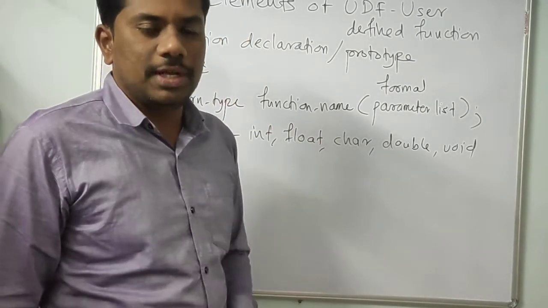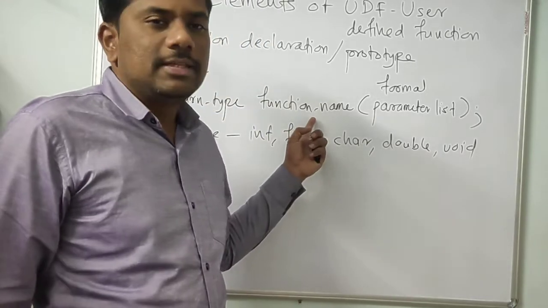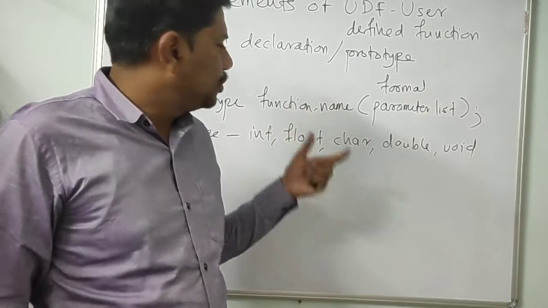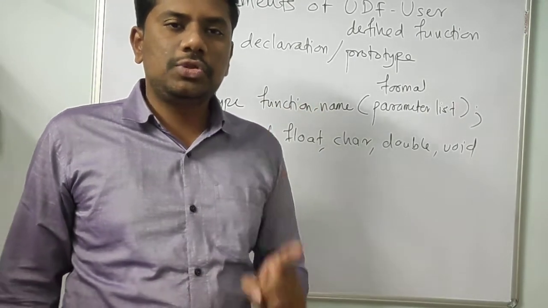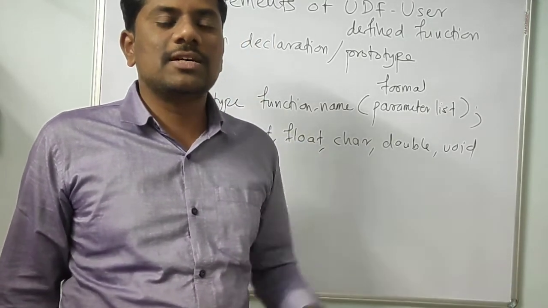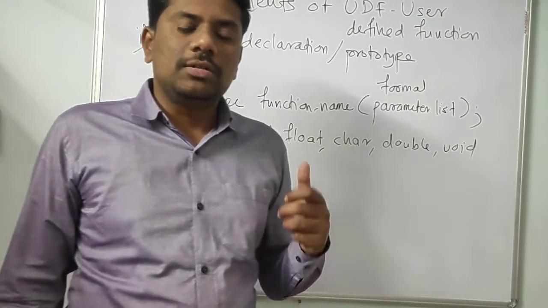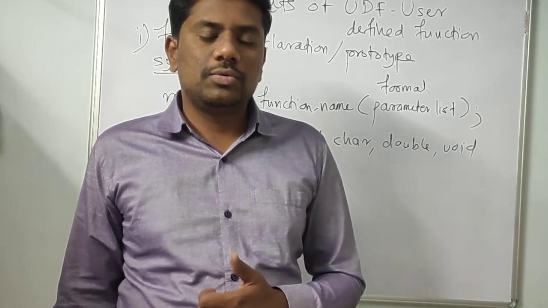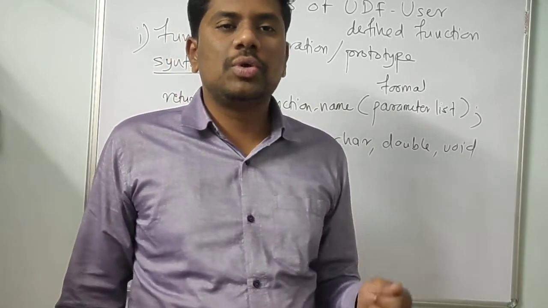Then what is function name? Function name you can give any, because this will be a user-defined function. So as a user of C language, you have the flexibility to decide this function name, but you should follow the rules of identifier. We already discussed the rules of identifier. It can have letters from small a to small z, capital A to capital Z, then 0 to 9.